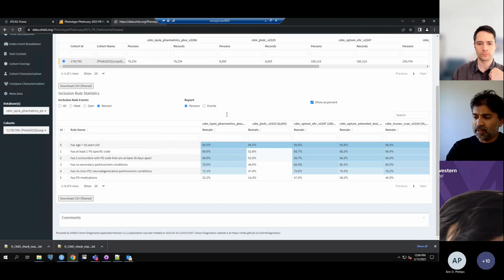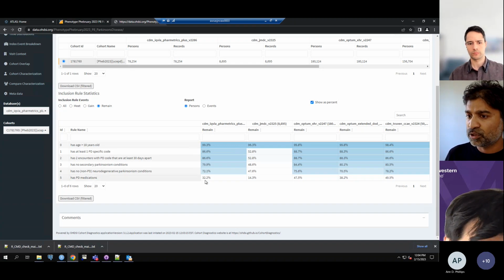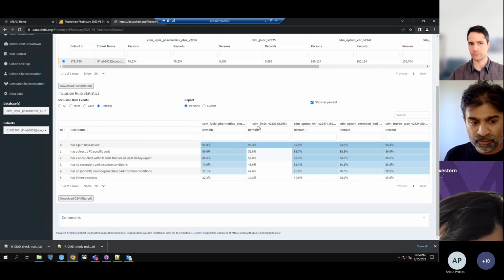This is the percentage view, which I can unselect and give you the actual raw numbers. Based on a data source, after applying the rules, this one is the one with medications, we end up with 32% of the people who met the entry criteria. This one is 14%.